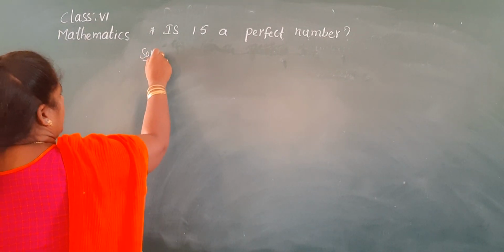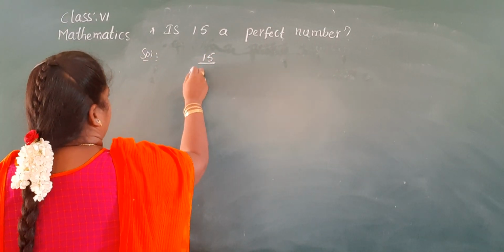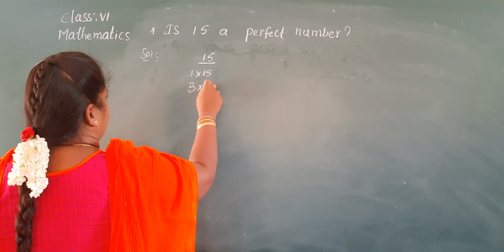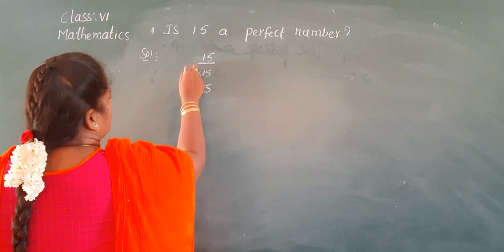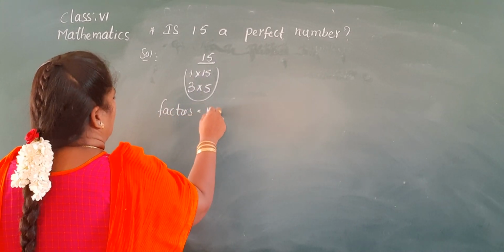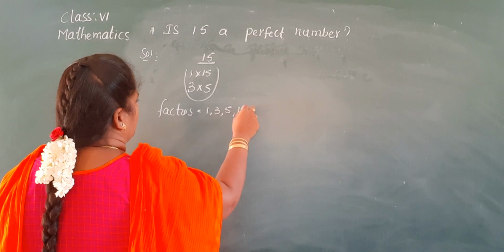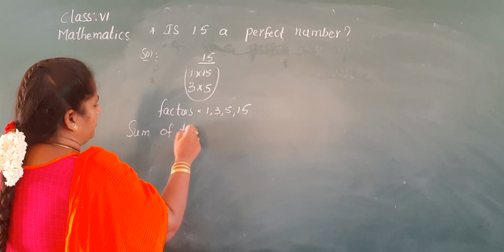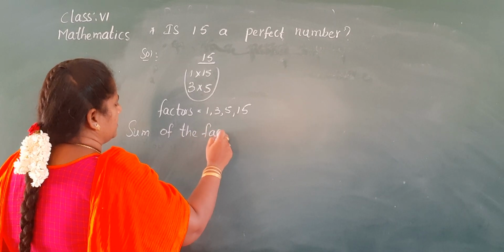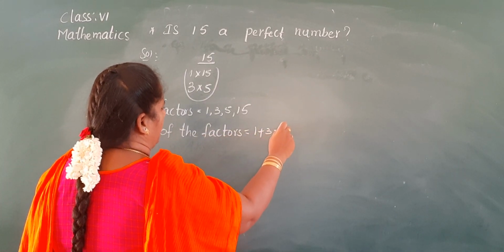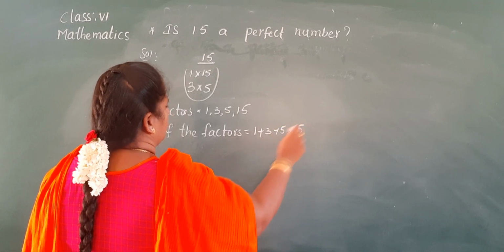So first we will write the factors of 15. 1 15s are 15. 3 5s are 15. 5 3s are 15. So you stop it and write the factors. 1, 3, 5, 15. Now we find the sum of the factors. Sum of the factors equals 1 plus 3 plus 5 plus 15.